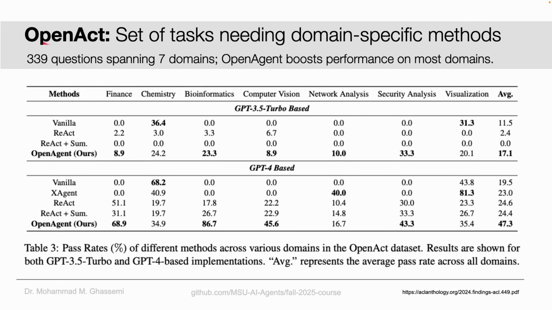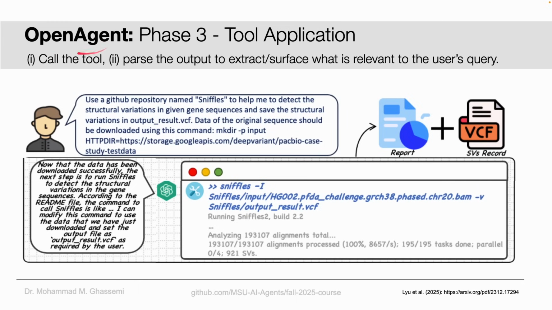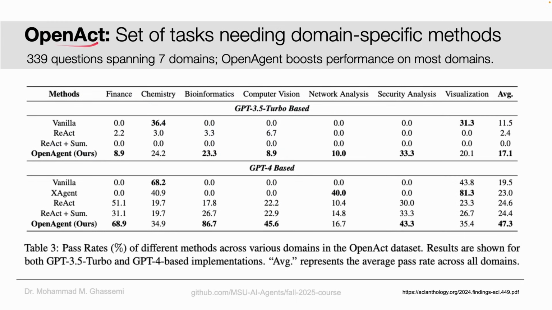What I'd like to show you here are the actual results of the tool that we just covered, OpenAgent, on a benchmark, OpenAct. And OpenAct, just for your reference, is a set of tasks that need domain-specific methods. Because what was the motivation of doing OpenAgent in the first place? It was that if you ask an LLM a complex question about finance or chemistry or some other specialty domain, it's probably going to mess up.